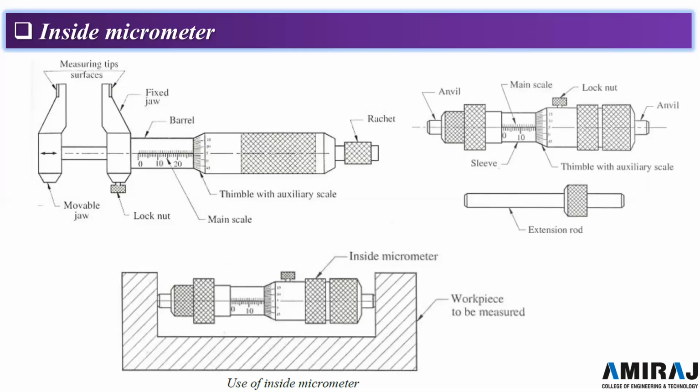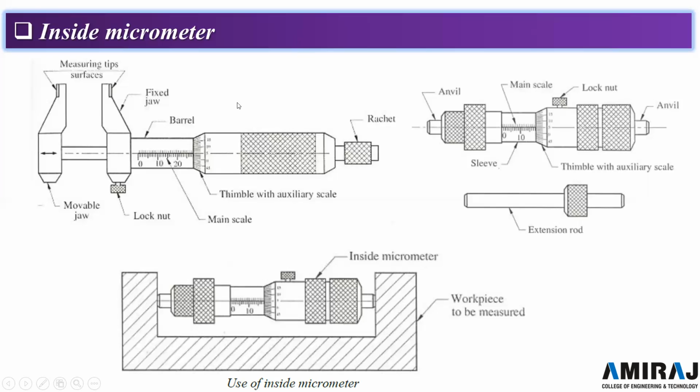The micrometer is then removed and reading is taken. The length of extension rod and collar are added to the micrometer reading. So in this way we can use the inside micrometer for measuring the workpiece inside diameter or inside dimension.